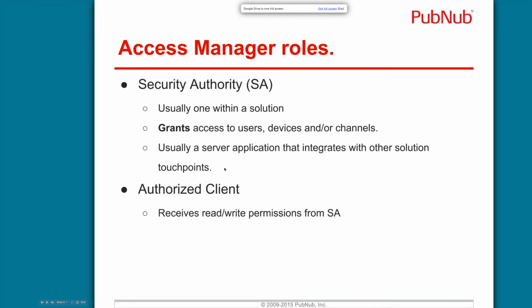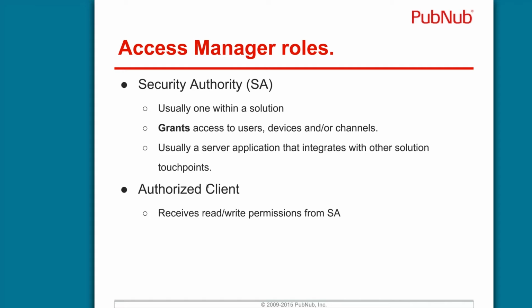All right. What roles come into play when you're dealing with Access Manager or enabling Access Manager? There are two main roles, and I've broken them down here. One is Security Authority. This is the app or part of your solution that's instantiated properly and can do grants for channels and grant access to resources.